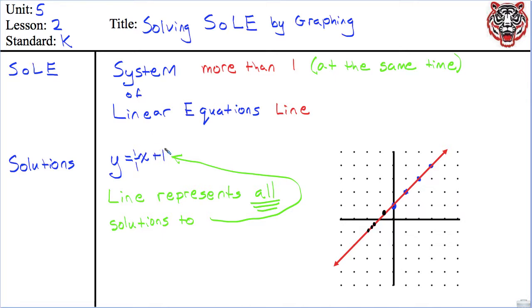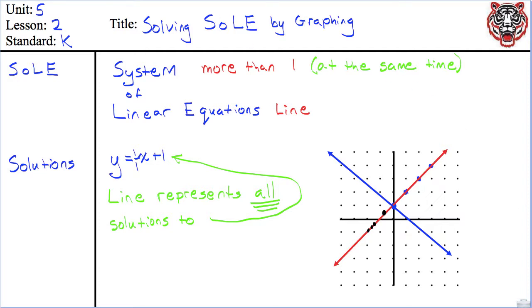So what we're going to do now is we want to find the one solution where 2 lines intersect. So now for our homework tonight, we're going to be graphing another line. I'll graph something that looks like this, and you can just arbitrarily make a line in your notes just like I am. Some line that looks like this. Okay, now I need to find the point that is a solution to both equations.